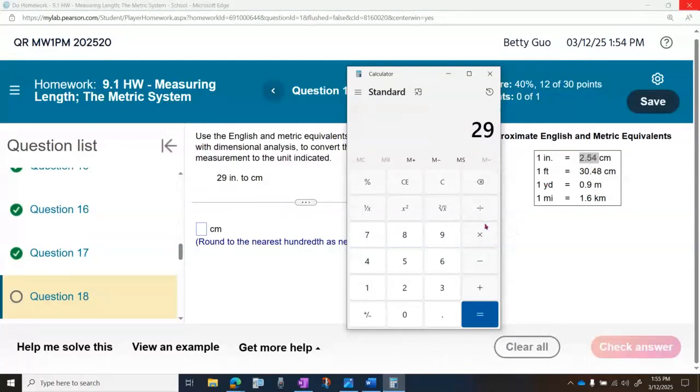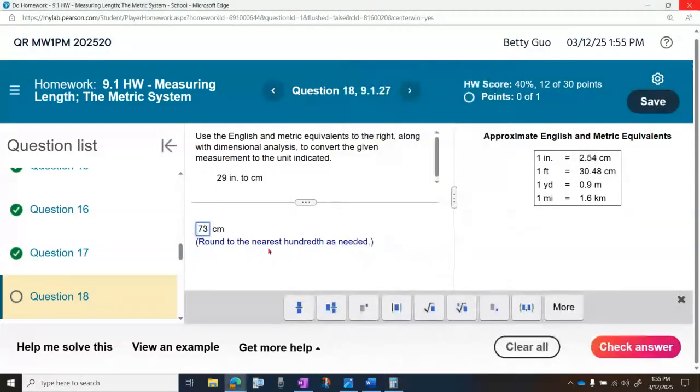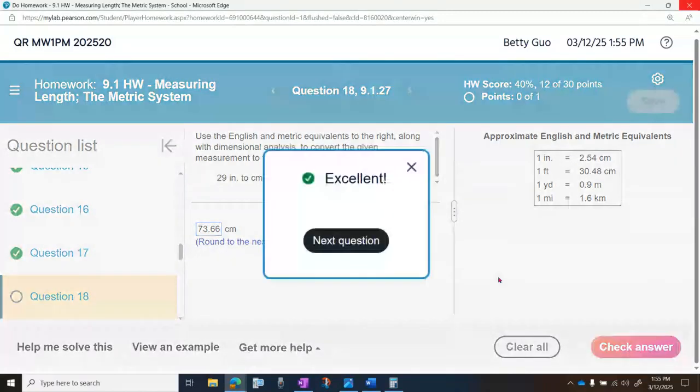You can try divide, but you will have a smaller number as a result. So we multiply by the factor 2.54 and get 73.66. So 29 inches is equivalent to 73.66 centimeters. To the nearest hundredth, we do have 2 decimal places, right?